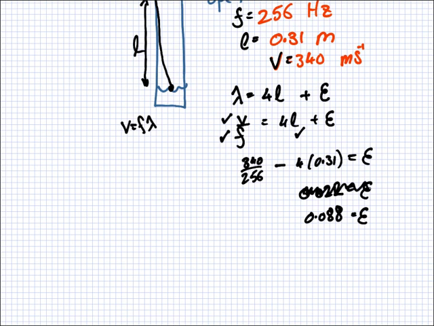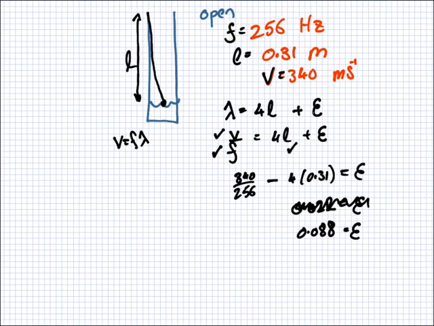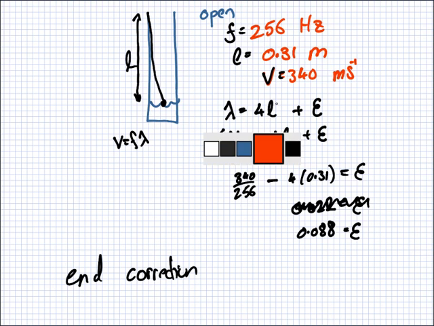Now, the reason that answer is a little bit different is because that's the error that you would have in calculating the wavelength. But I think they used the expression end correction, didn't they? So they want to know how much should you change the length by to fix the wavelength.